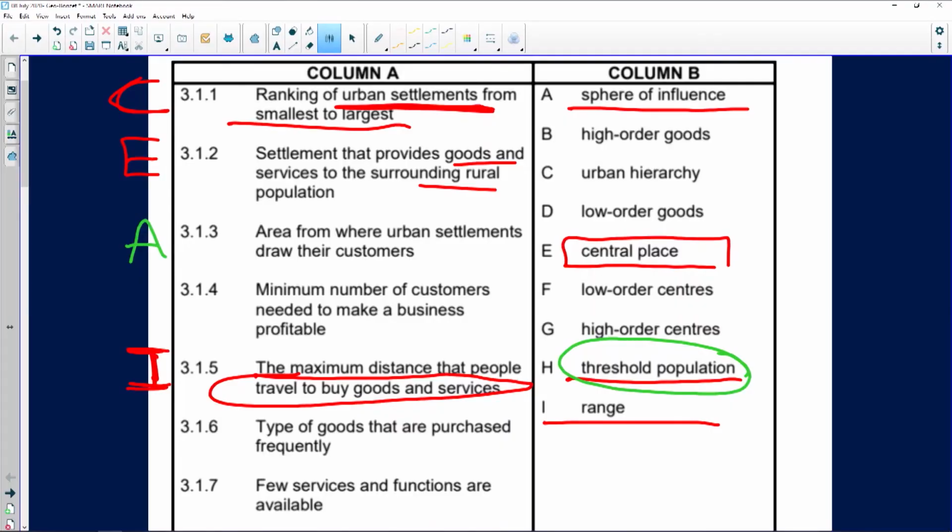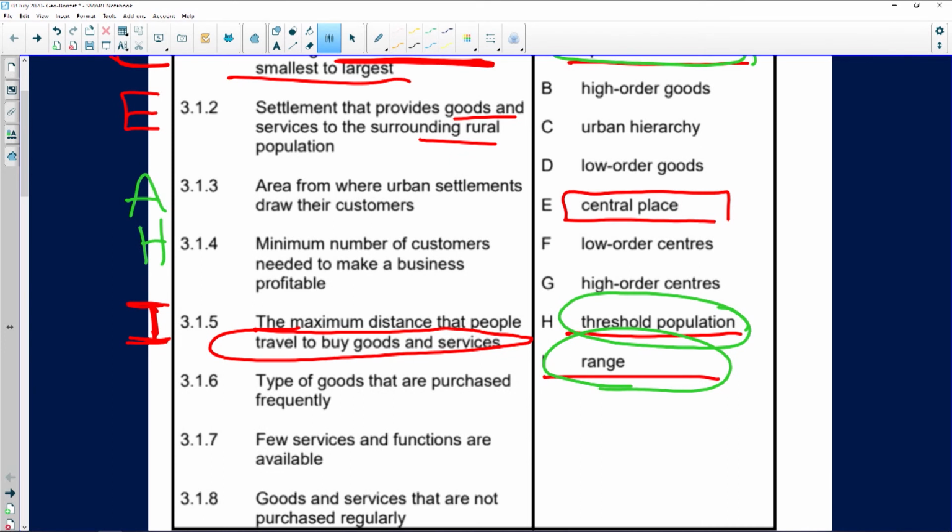How many people do you need to make a profit? I've just gone through these because these three concepts go hand in hand with one another. So for 3.1.4, we can just write there, the correct answer is H.